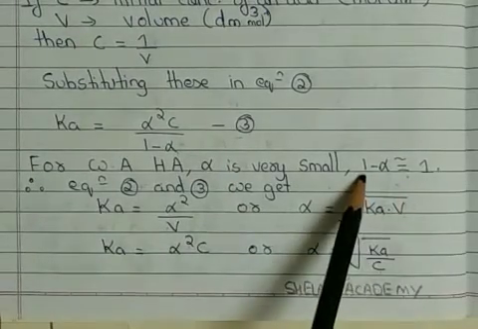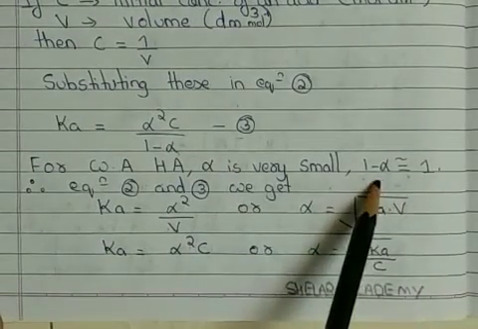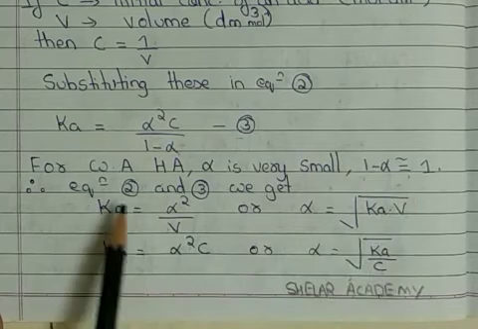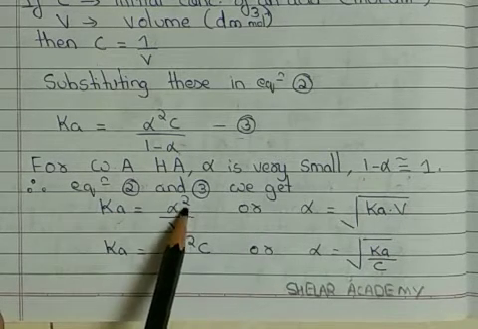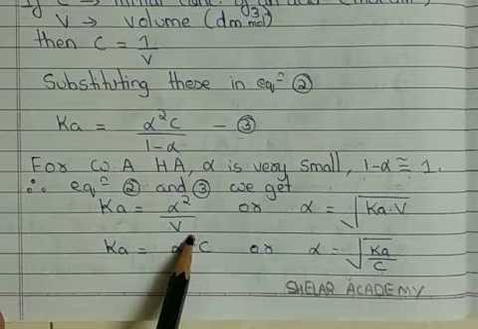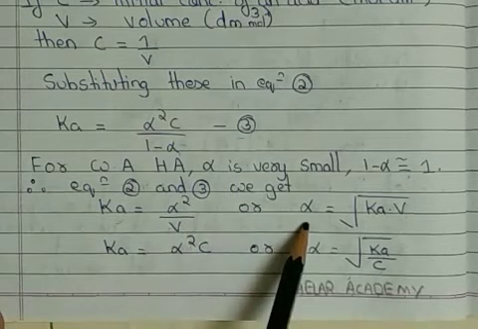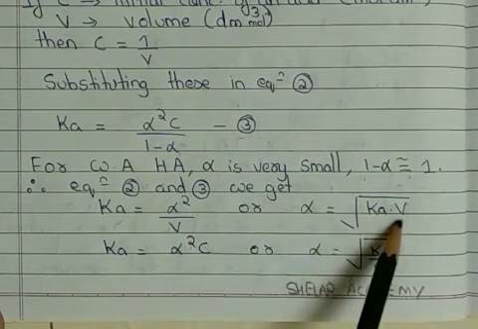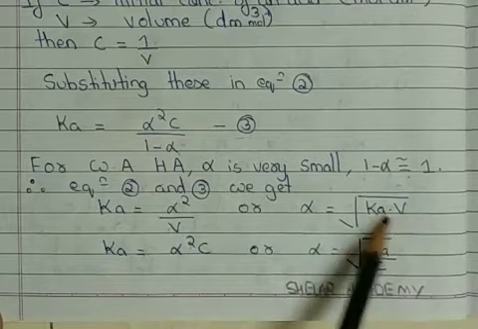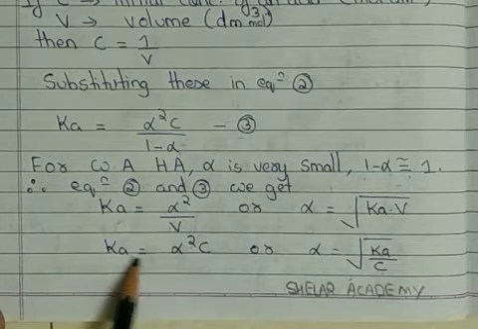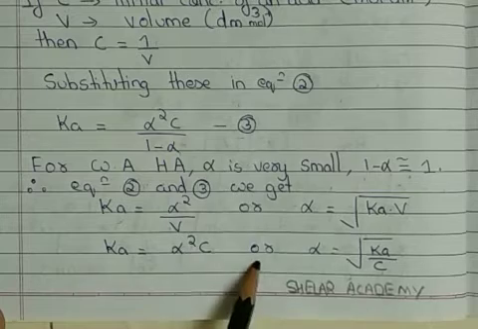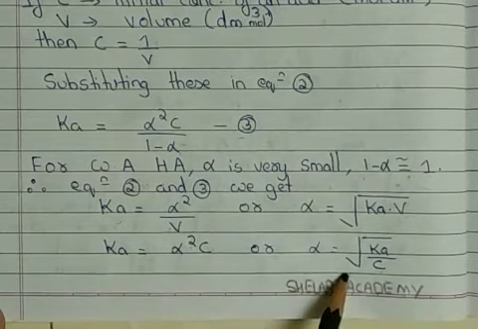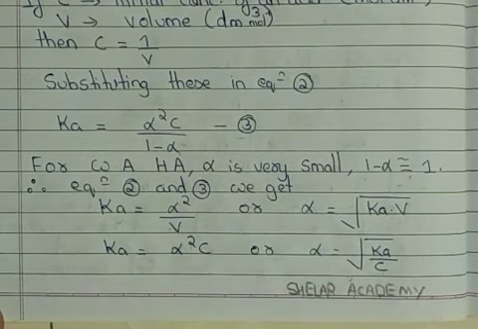If we rewrite our equations 2 and 3 with 1 minus alpha as 1, then equation 2 will become Ka equals alpha square upon V, or alpha equals square root of Ka into V. Similarly, equation 3 will become Ka equals alpha square into C, or alpha equals square root of Ka upon C.